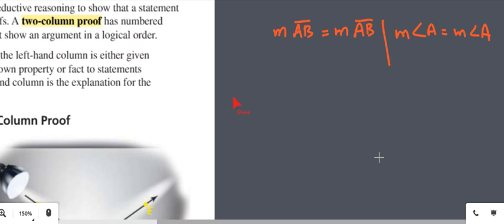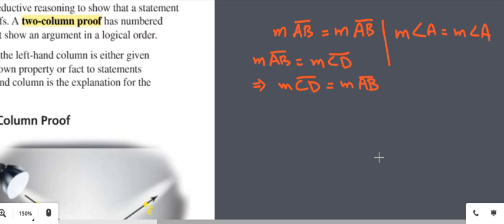Then, if measure AB equals measure CD, this implies measure CD equals measure AB. This property of line segments is called the symmetric property.